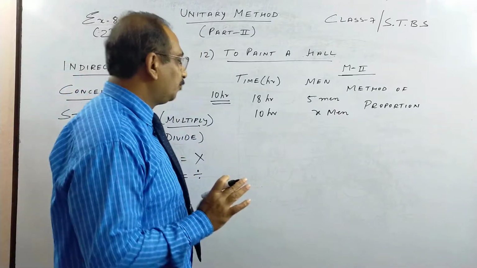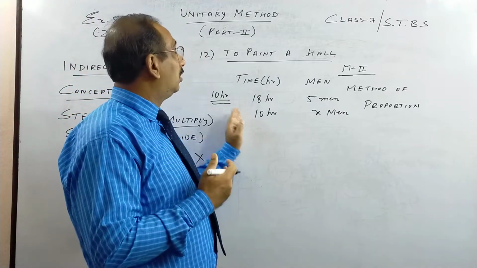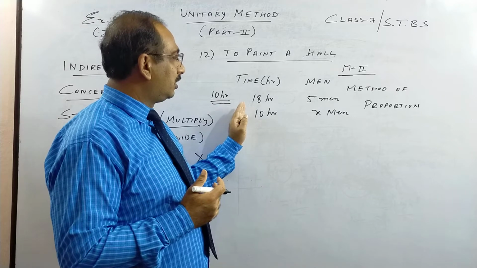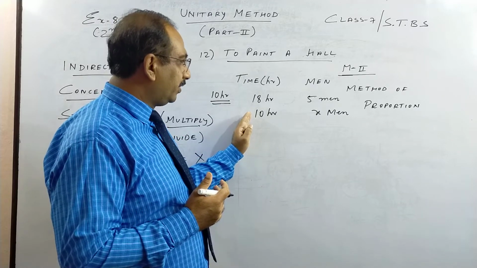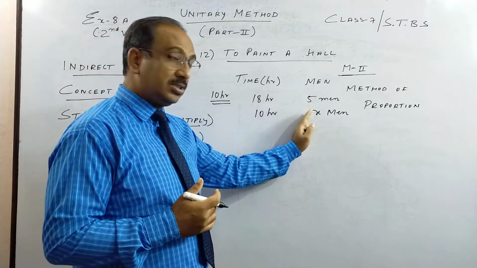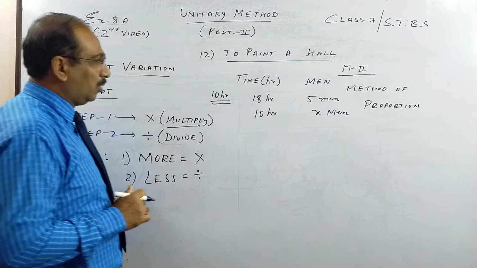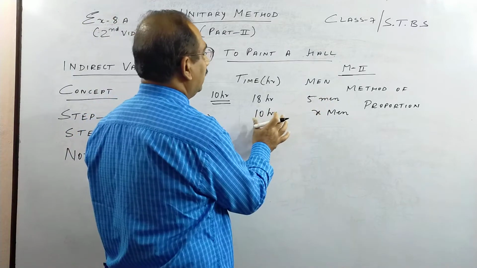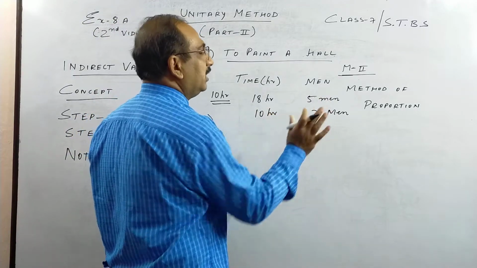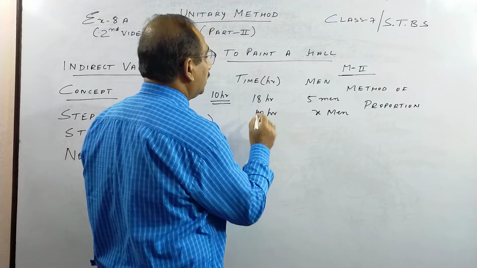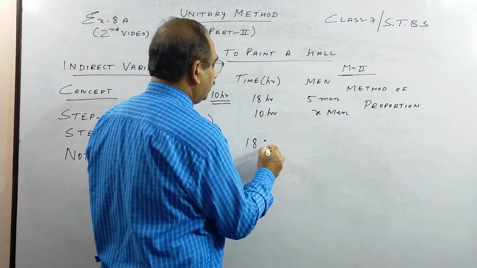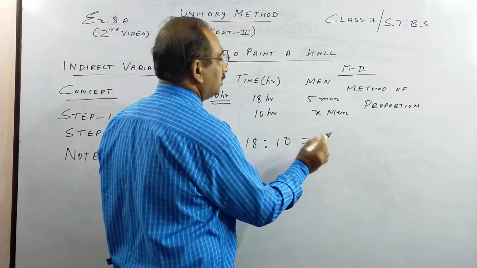See here. If you have seen my earlier video, when it was direct variation, I wrote this is to this. See here, we are doing indirect variation, children. Remember, 18 men take 5 hours. When they work for 10 hours, we need X men. So when you write in ratio method, children, 18 is to 10, hours this side.